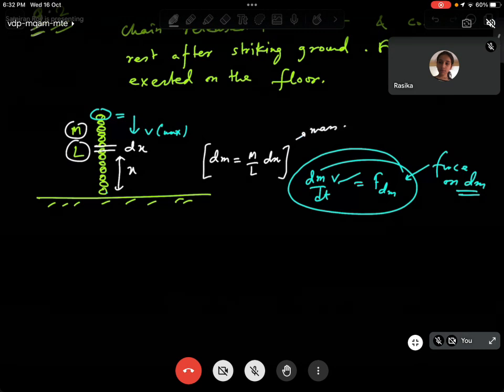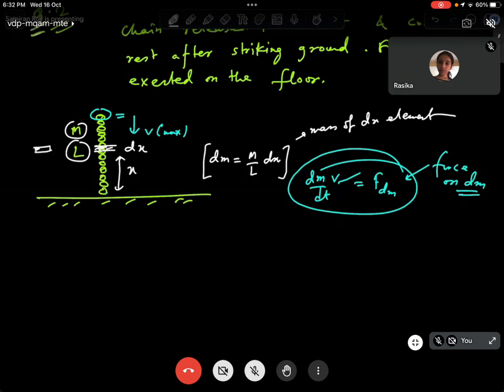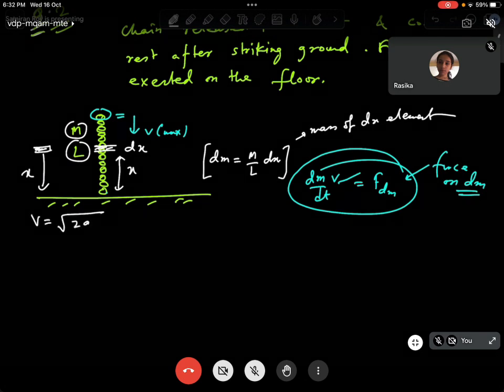When this dx element falls on the ground from a height x, with what velocity does it fall? Velocity will be root of 2gx, correct?